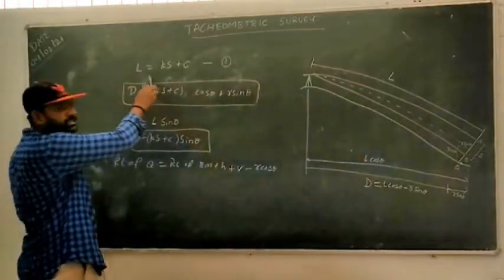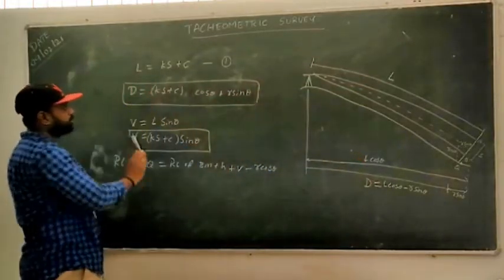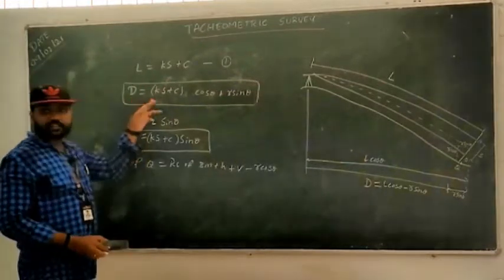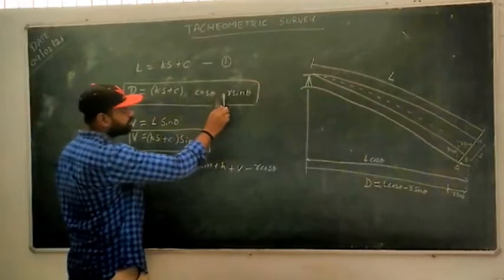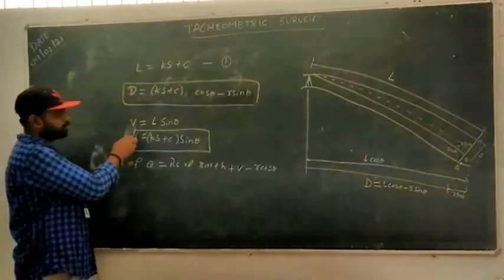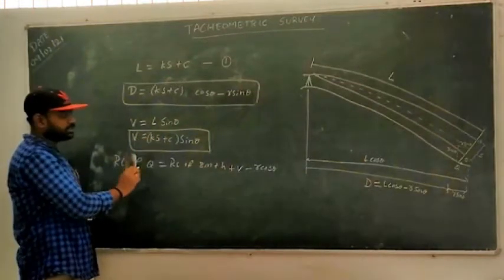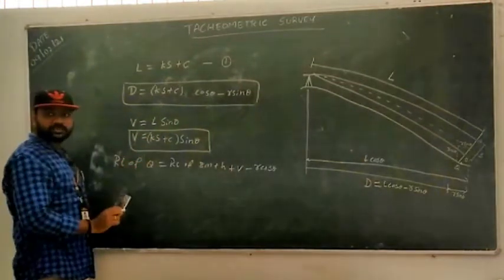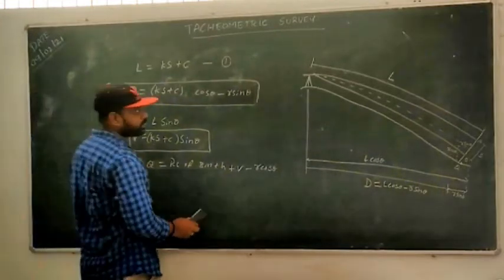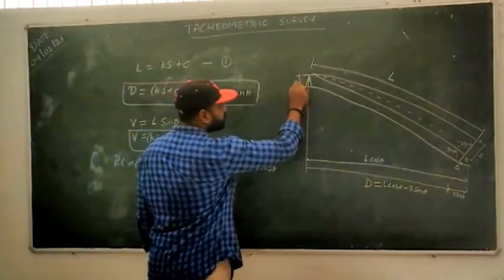Already we have the equation L is equal to Ks plus C. The distance equation will be the same, but here you have minus. The vertical is the same, L sin theta. Now RL of Q will be what? This is your height, say h.